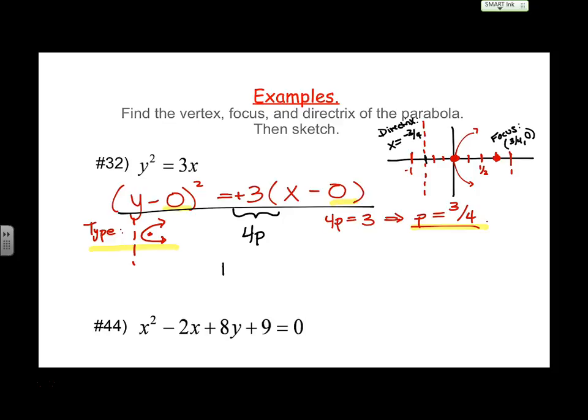But if you can get the graph, you can say, no big deal. Focus, directrix, vertex. I've answered all my questions. Vertex 0, 0. Focus 3/4, 0. Directrix x equals -3/4.